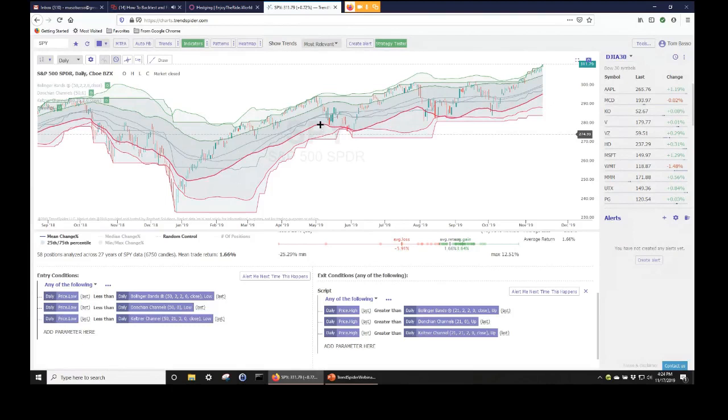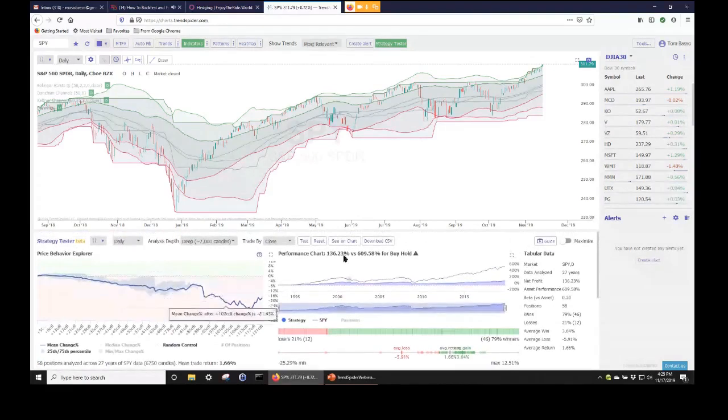I can put my hedge on and I can stay with it while it falls. And then it turns around and goes up and it takes out the first line right here. As I short here, as I buy back here, I can get my returns across a lot of data here, 7,000 bars. 58 positions analyzed over 27 years. Total cost of hedging, in this case, was 136.23.